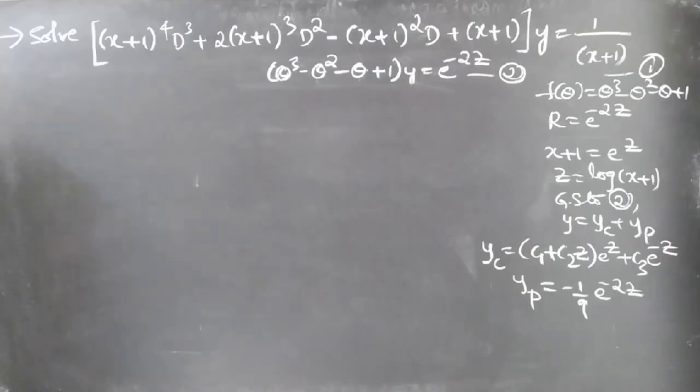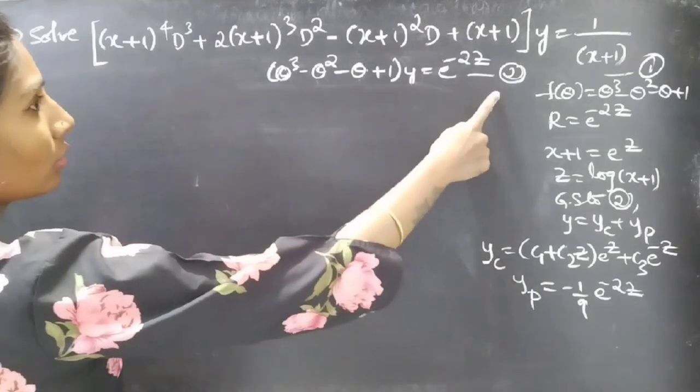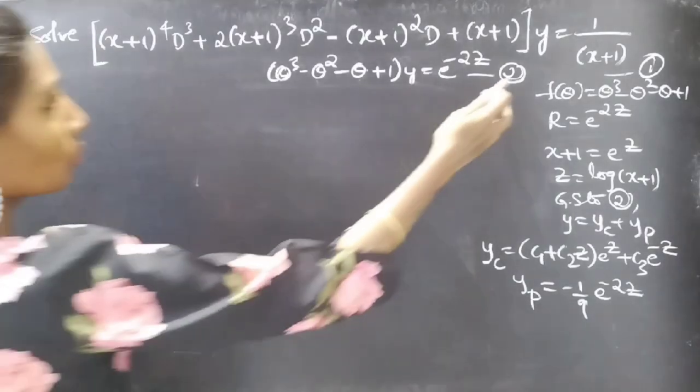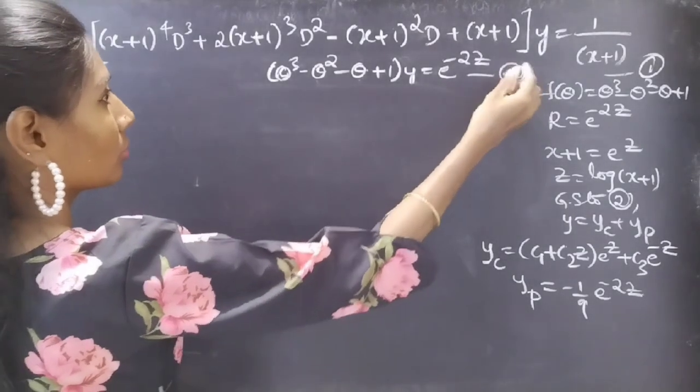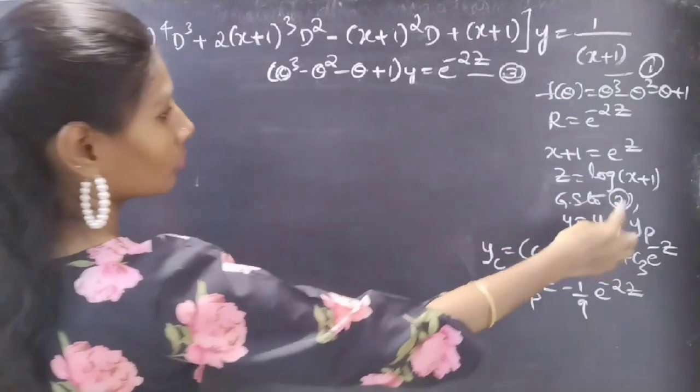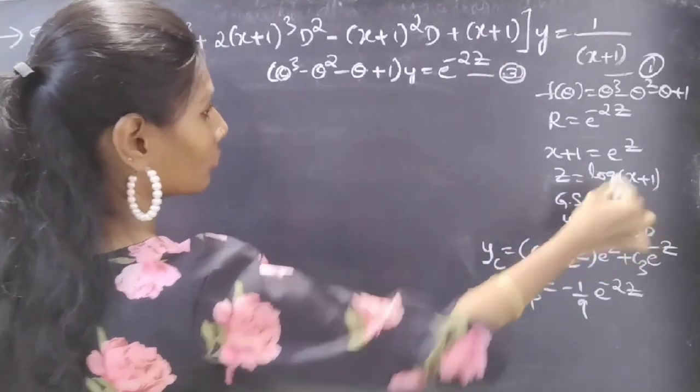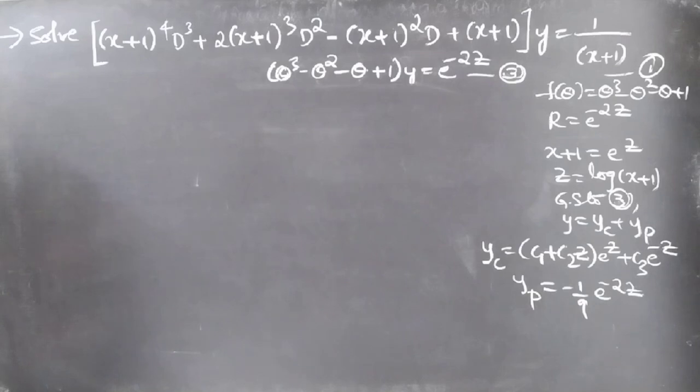Now we have yc and yp. Let's now find the general solution to equation 3. It's equation 3, right? Not 2, it's equation 3.